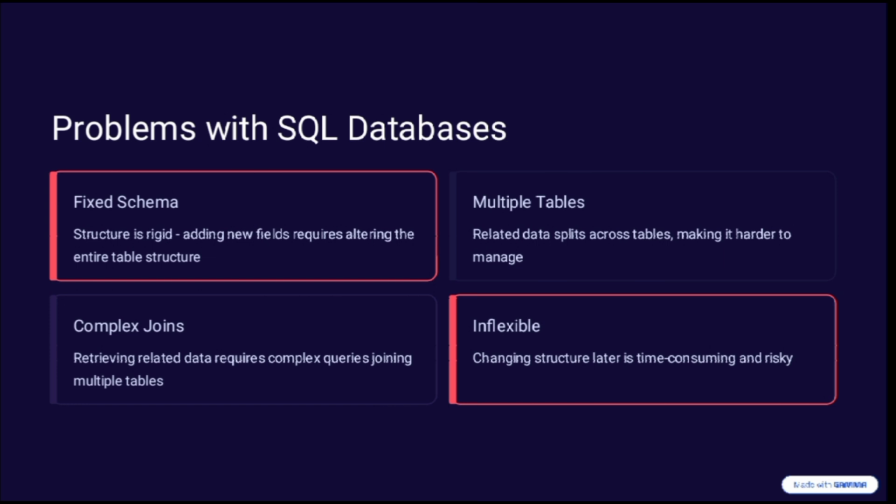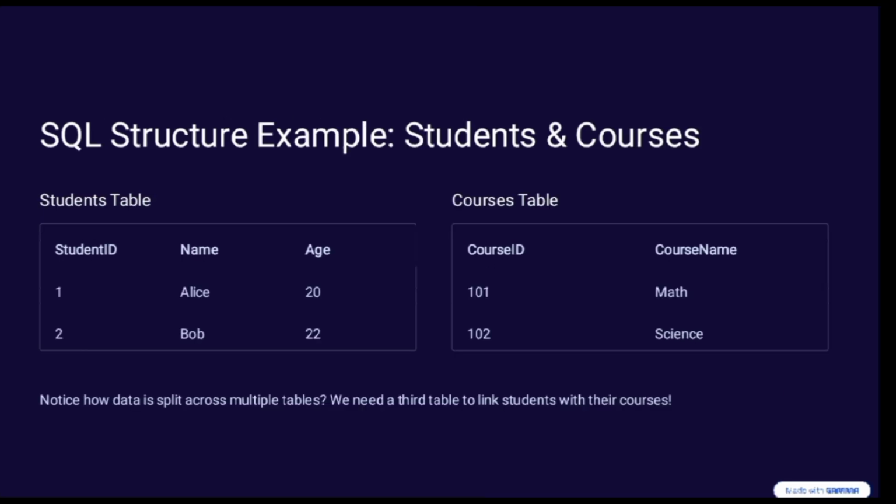And then the data is split into multiple tables. If I want to know in which course student ID 1 is enrolled, I use student ID as the primary key and the foreign key and relate these two tables, and I will get that student ID 1 is enrolled in math and 2 is enrolled in science.